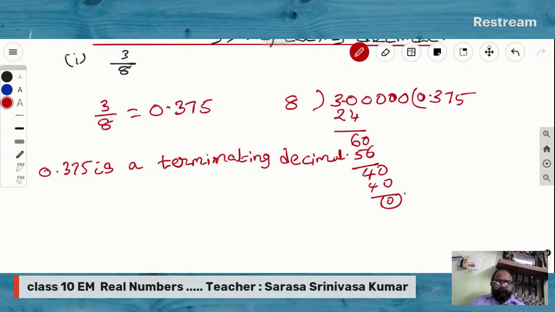This is method 1, that is, this problem can be solved by actual division.